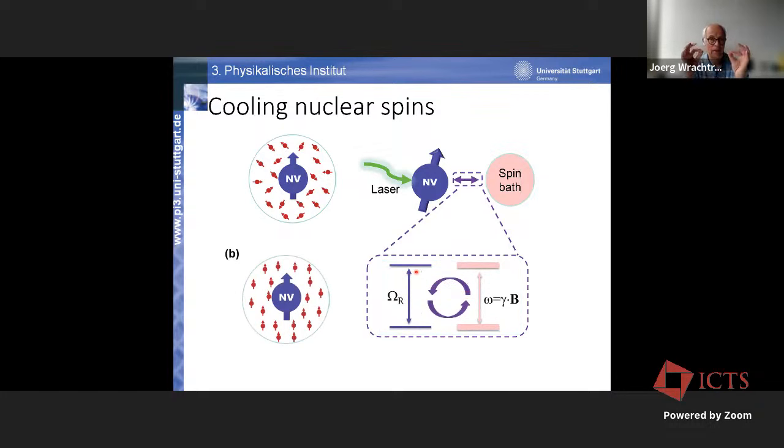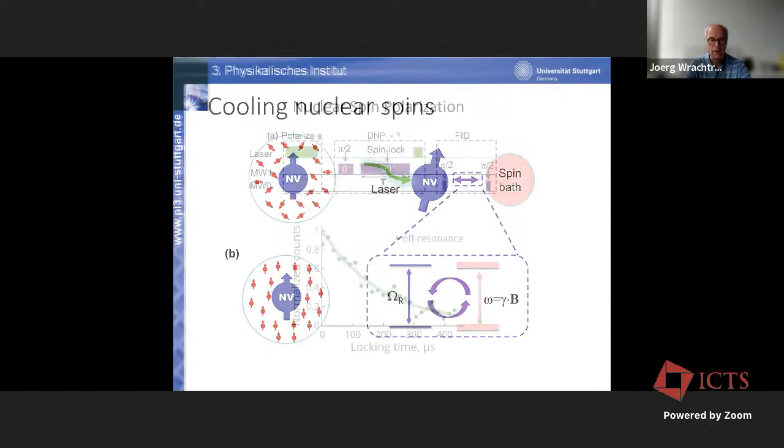The electron spin's delta E is then determined by the interaction of the electron spin with the driving field, so you generate a new splitting, omega R. And because you can change the amplitude of the driving field independently of the external magnetic field, which generates the Zeeman splitting of the nuclear spin, you can tune both of them into resonance. And if you do this efficiently, then you generate an efficient heat or entropy transfer between the two systems.